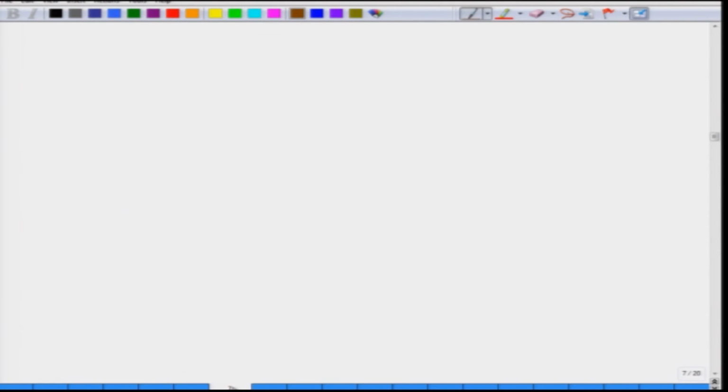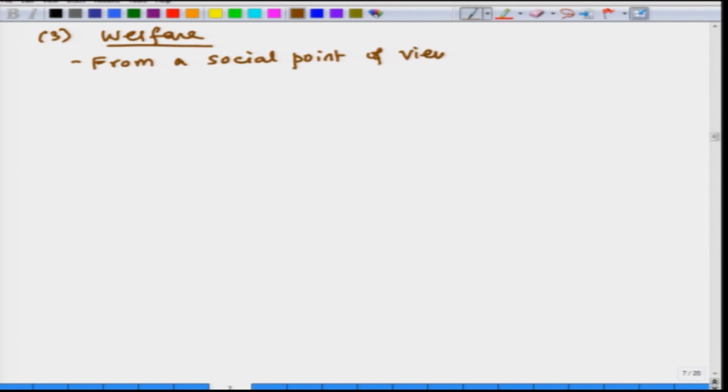So, the third thing that we want to ask is, how does this impact welfare? So, from a social point of view, this contract is inefficient, right.